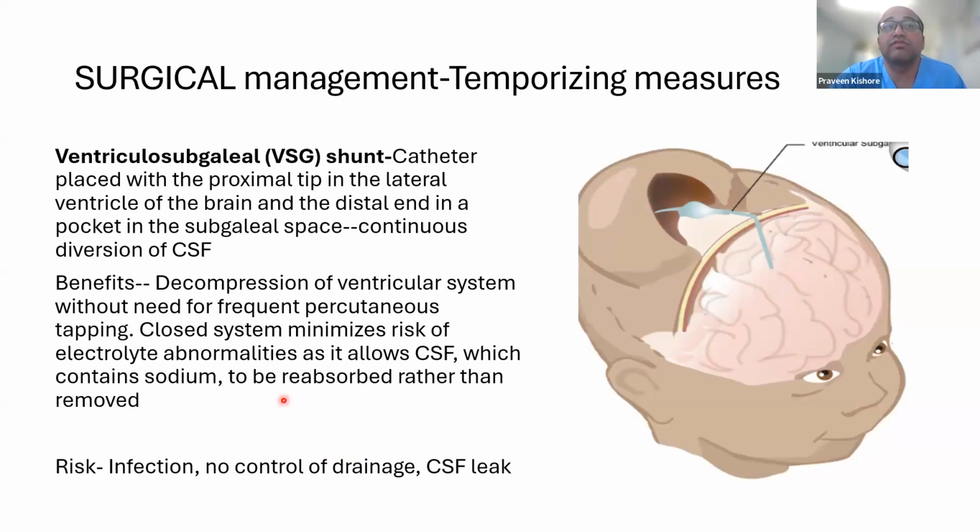And the risk of infection compared to other ventricular access devices is much lower. Of course, putting in a catheter has a risk of infection. The other problem is that you can't control drainage. So if the pressure is high, sometimes a lot of CSF can just drain in. And occasionally, because of the procedure, you'll see CSF leak.